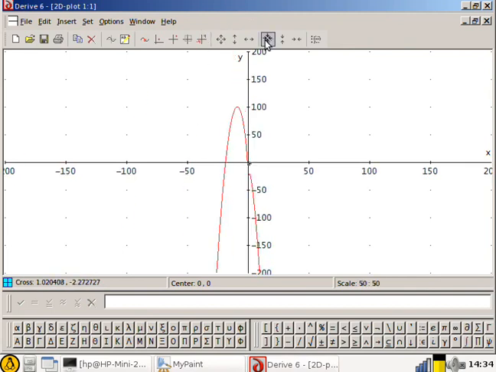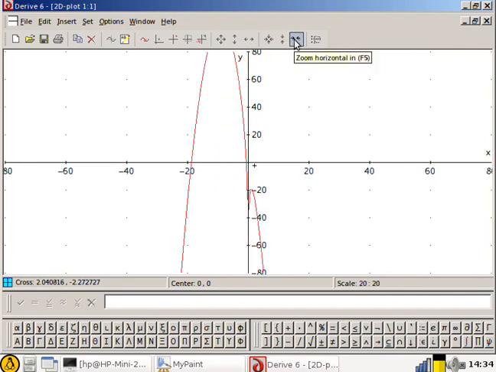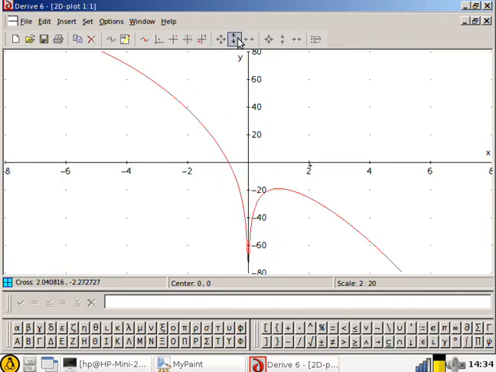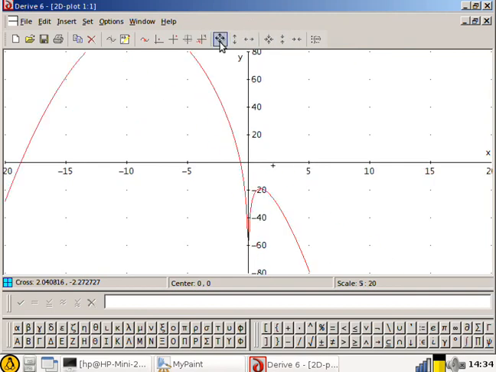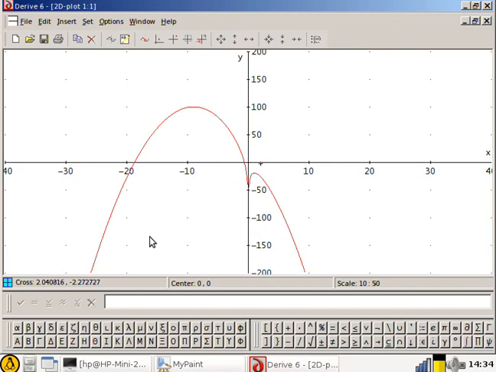There we go. So you can see the two turning points, kind of a funny shaped graph. It increases, this is the first turning point, and then it decreases, and then increases again, and this is the second turning point.